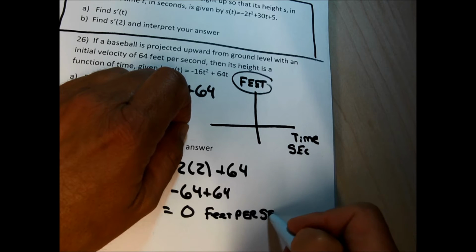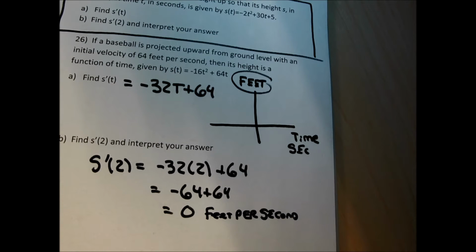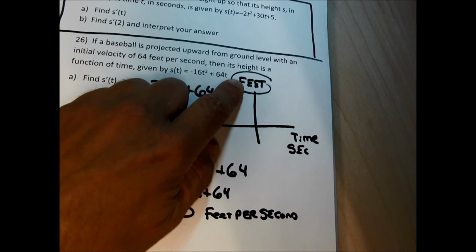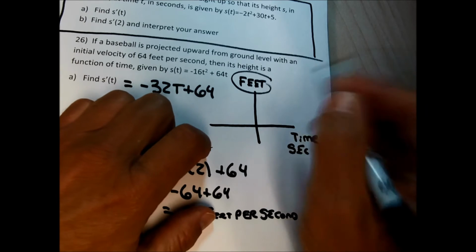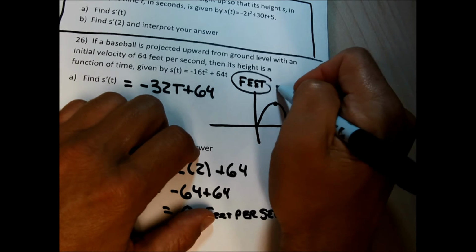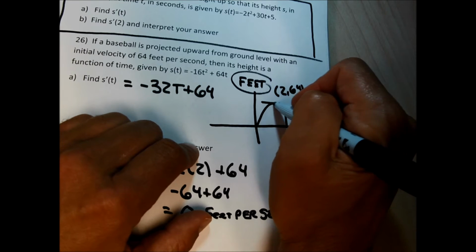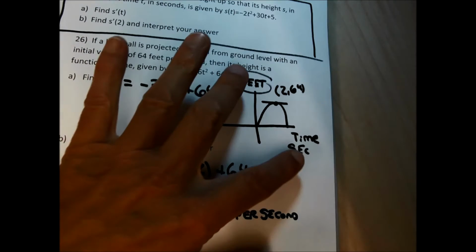So when we calculate the derivative, the units for the derivative in a word problem are always what the y-axis represents per what the x-axis represents. The graph of this function goes through the point 2 comma 64 and has a slope of 0 there. The units for the derivative are feet per second.